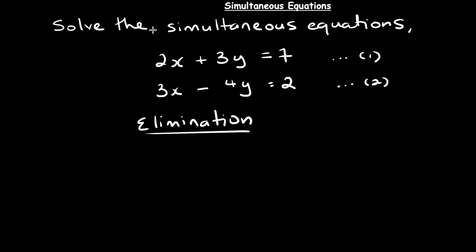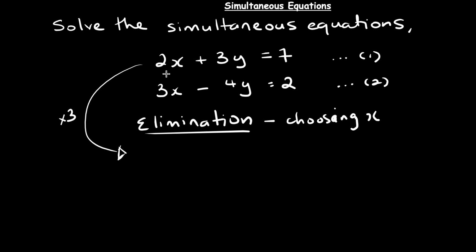That doesn't work. So what we're going to do is multiply. In this case, you have to multiply both equations by a constant to get the coefficients of x, since we chose x, to be the same. So if I choose to eliminate x, I'm going to multiply this first equation by a constant.